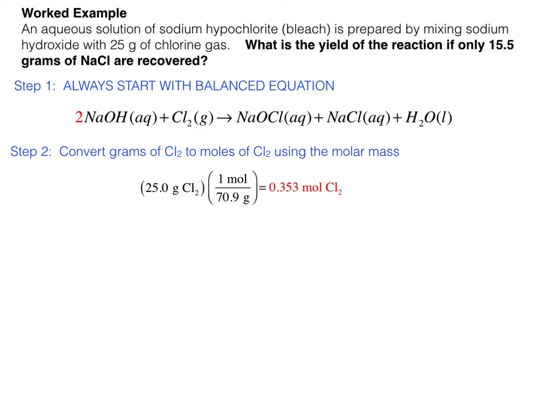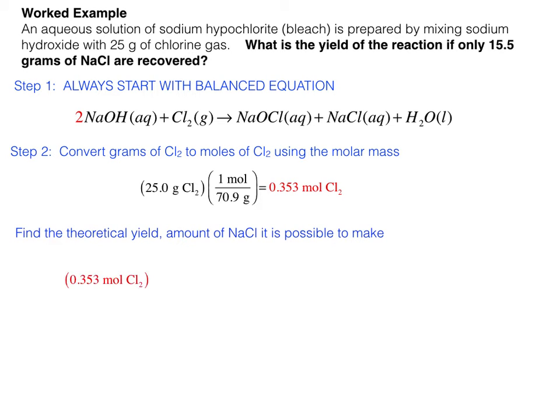Once we have the moles of Cl2, we can perform our stoichiometry and calculate how many moles of sodium chloride that will produce. And what we're really doing is finding the theoretical yield. How much sodium chloride could we produce if everything went perfectly? To find that theoretical yield, we'll start off with the moles of Cl2.